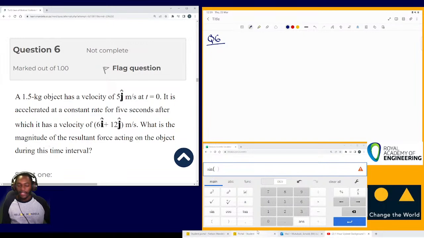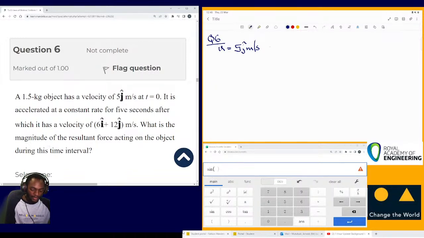So we can write down quickly the data that we are given, then select from there what we intend to use. Our initial velocity, I'll denote it as u, is equal to 5 meters per second in the j direction.